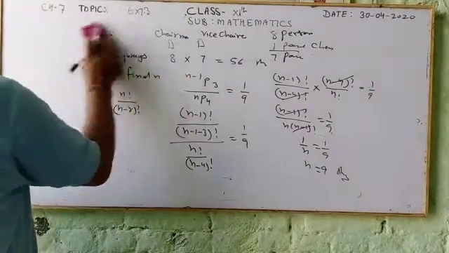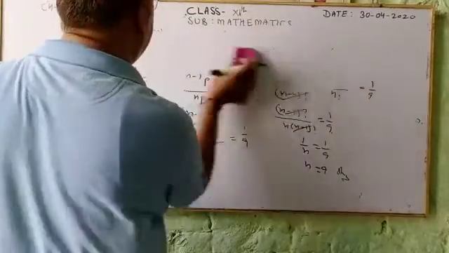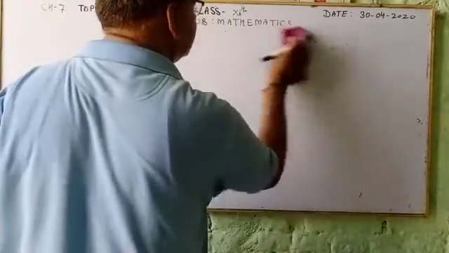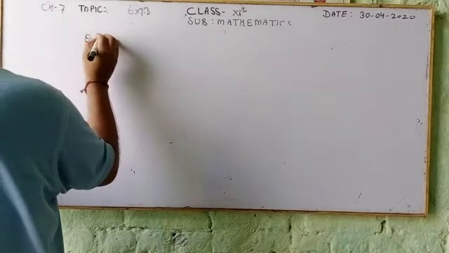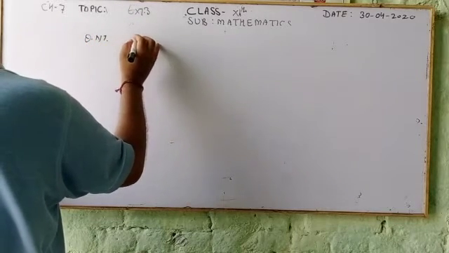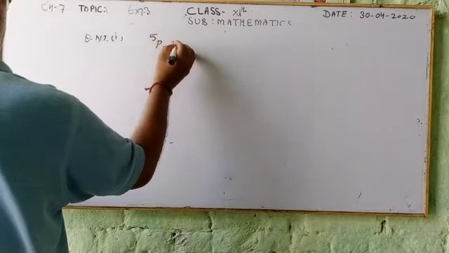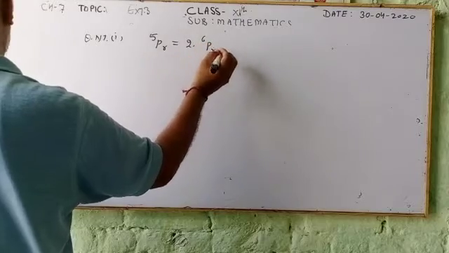We are taking another question, question number 7, first part: 5Pr equal to 2 into 6P(r minus 1).